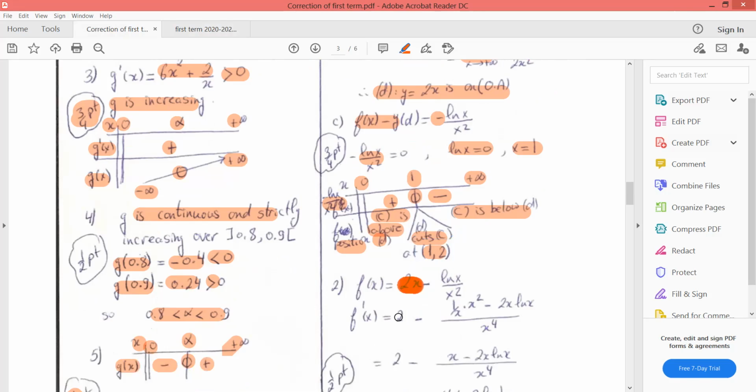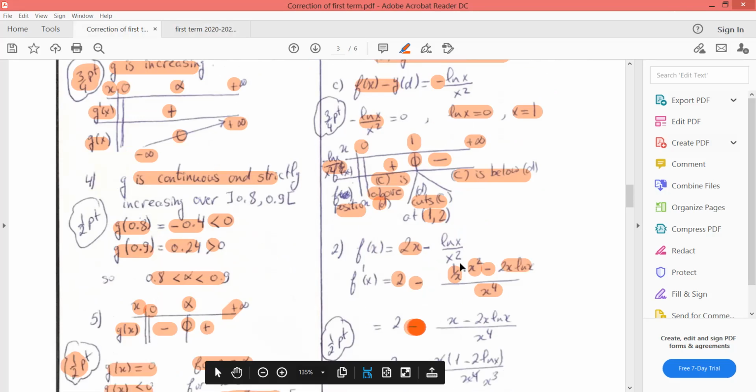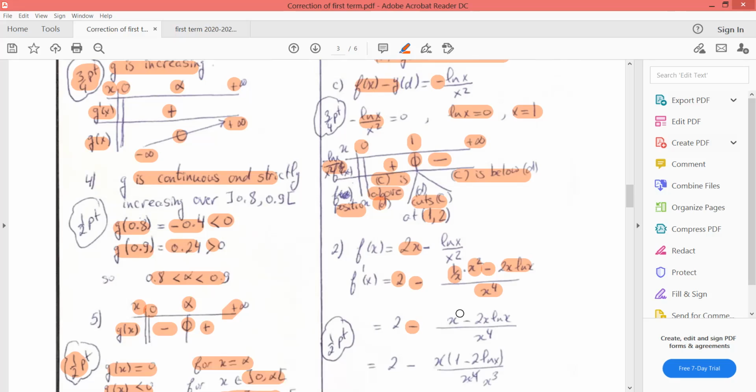Derivative of 2x is 2, minus the derivative of ln x over x squared, u over v. u prime, the derivative of ln x, is 1 over x, times v, which is x squared, minus v prime, the derivative of x squared, which is 2x, times ln x, over x to the power 4. It becomes 2 minus 1 over x times x squared, which becomes x squared over x, which is x, minus 2x ln x over x to the power 4.